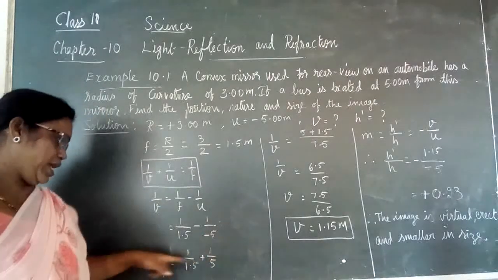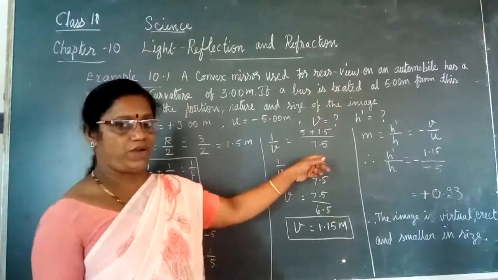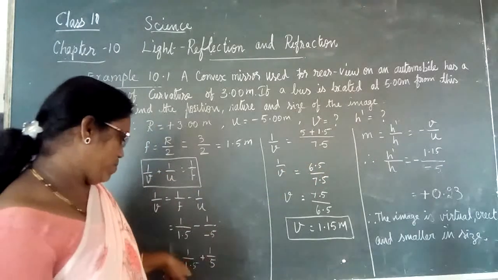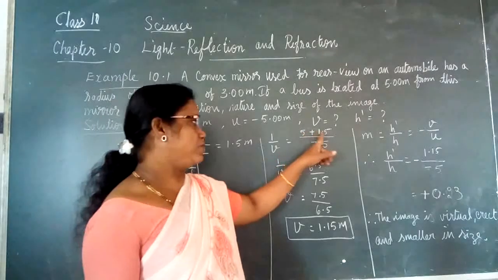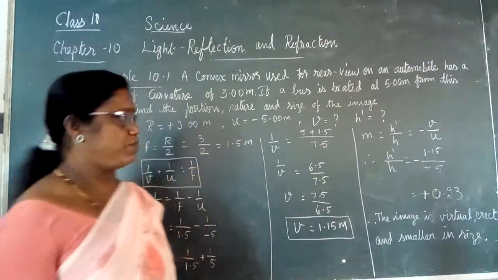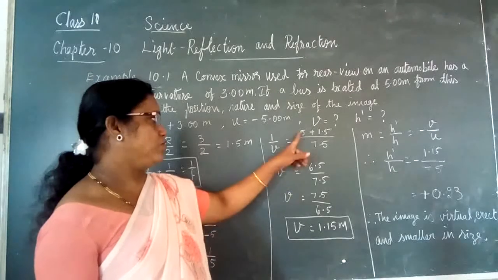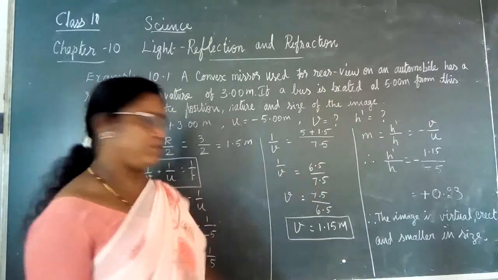Now if you take the LCM, 1.5 into 5 gives you 7.5. Then just cross multiply: 5 ones are 5, plus 1.5 into 1, gives you 5 plus 1.5 divided by 7.5. That is, 1 by v is equal to 5 plus 1.5, which gives you 6.5 divided by 7.5.